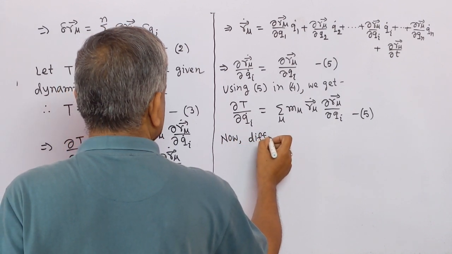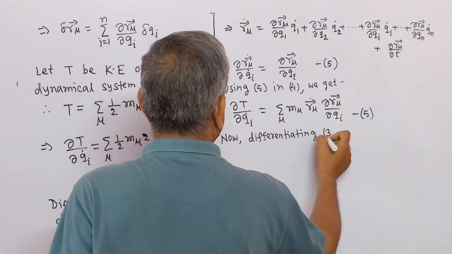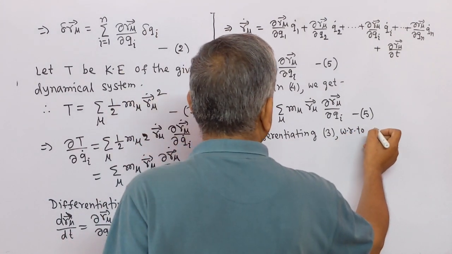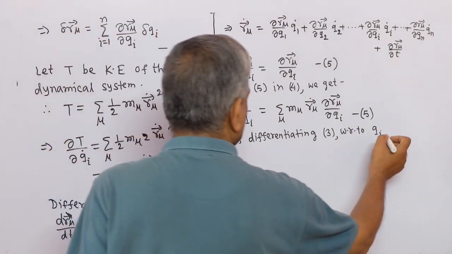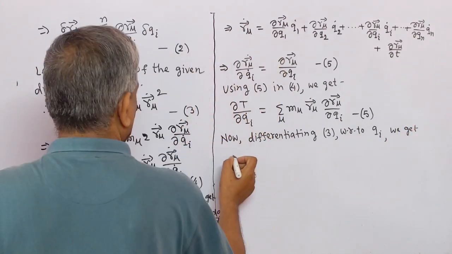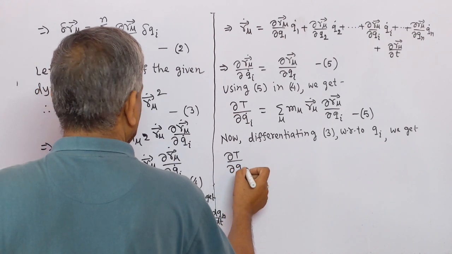Now differentiating 3 with respect to qi, we get partial derivative of t with respect to qi.